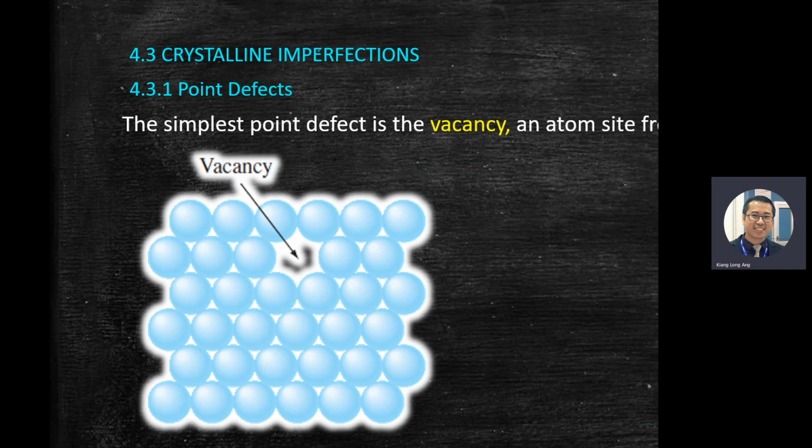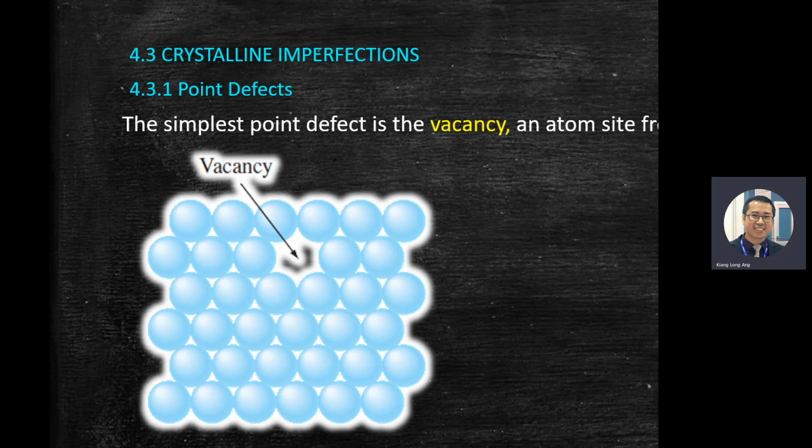We look at the first one. Point defect again is a single atom missing in an atomic site. The keyword here: you can use hole, but hole sometimes is too general.